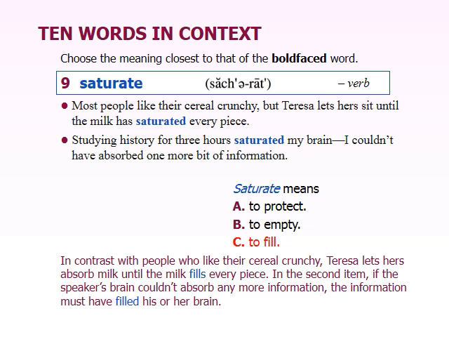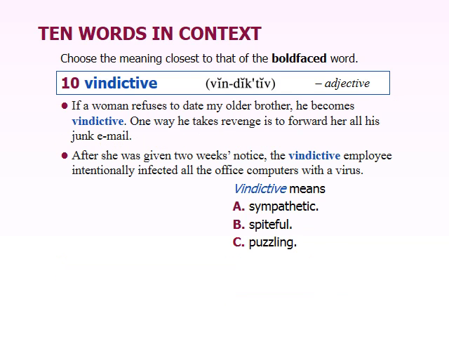So you can talk about it with liquids, but like in the second example, it's saying your brain is saturated. So it's like there's so much information in your brain that there's nothing more that can fit in there. There's no more space in your brain because it's totally full.